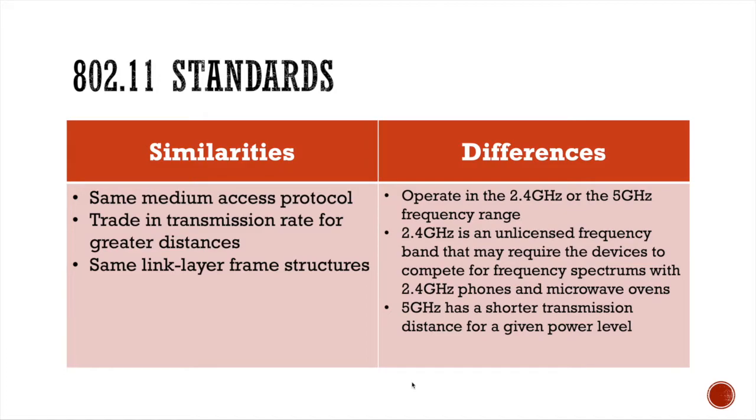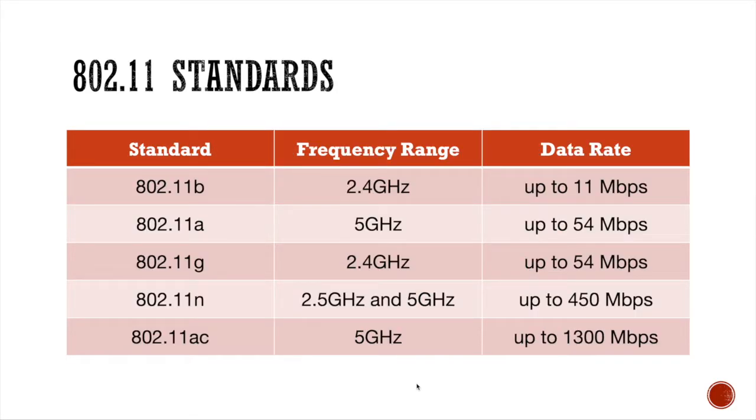Despite their similarities, they also have important differences. 802.11 devices operate in the 2.4 GHz or the 5 GHz frequency range, where the former is an unlicensed frequency band that may require the devices to compete for frequency spectrums with 2.4 GHz phones and microwave ovens, and the latter has a shorter transmission distance for a given power level. This chart provides a list of different standards along with their frequency ranges and data rates.